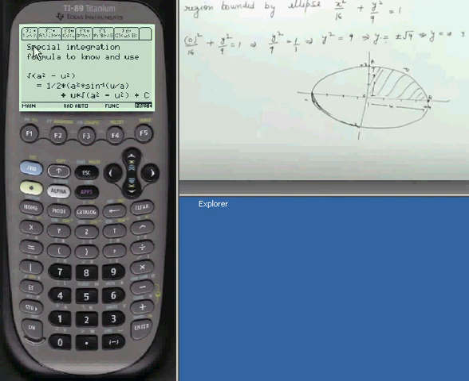Then here's that special integration rule in the back of your calculus book: the integral of the square root of a squared minus u squared equals 1/2 times u times the square root of a squared minus u squared plus 1/2 times a squared times arcsine of u over a, plus C. Pretty simple. You've got to memorize that if you're going to do this problem.